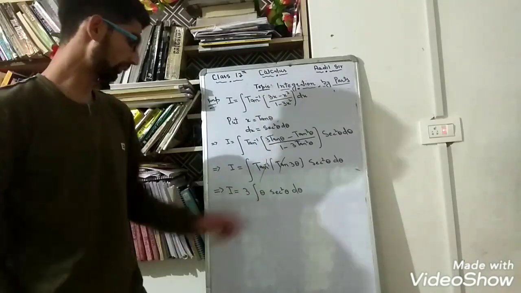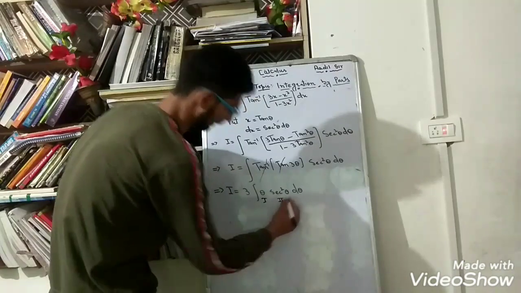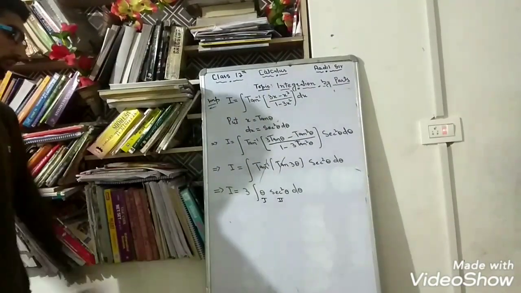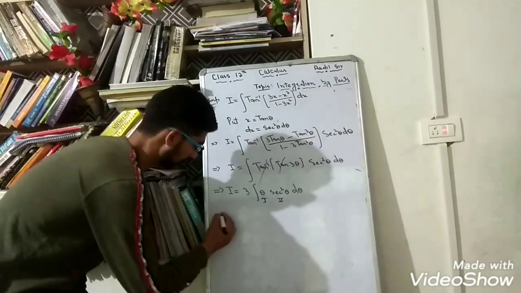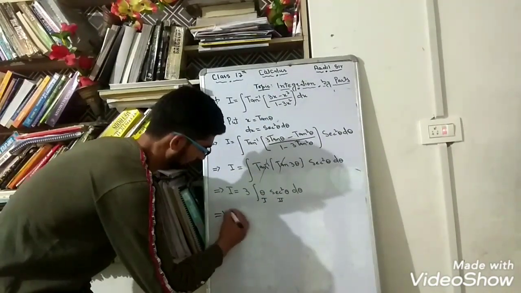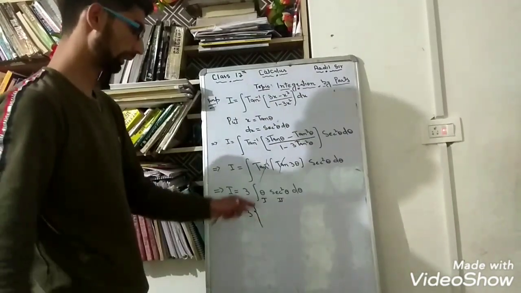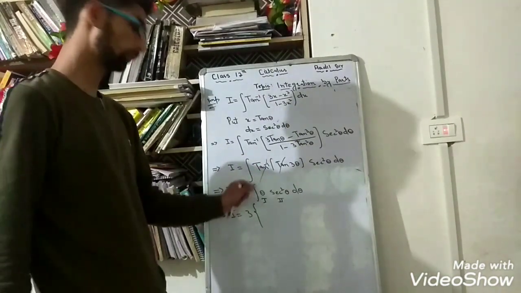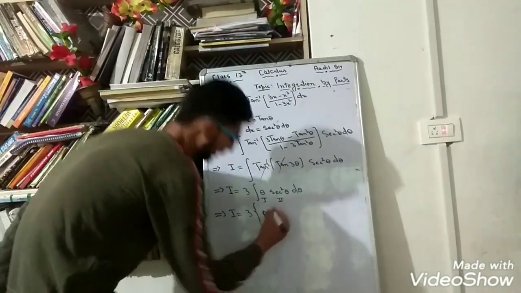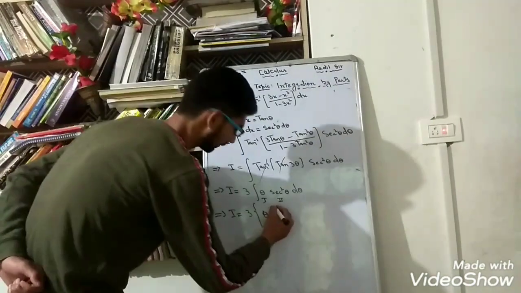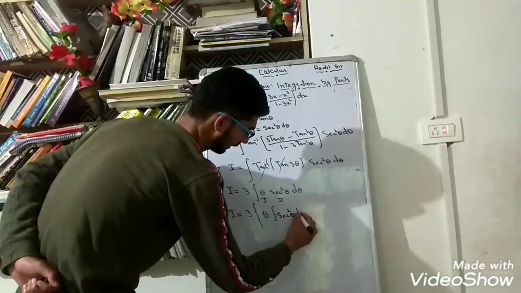So we will take theta as the first function, and sec square theta as the second function. When we solve the integral of the product of two functions, we have to keep the first function the same, and then integrate the second function sec square theta d theta.